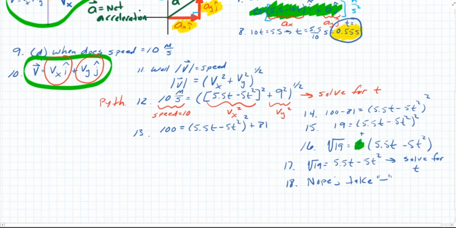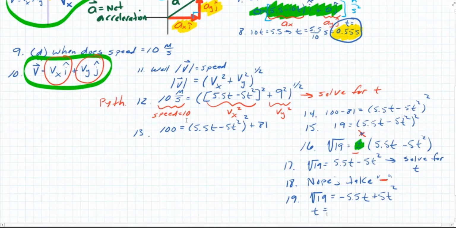So instead of looking at the positive root, I'm going to look at the negative root. So then that means I have square root of 19 equals negative 5.5t plus 5t squared. Now, if I solve for t here, my square term is 5.